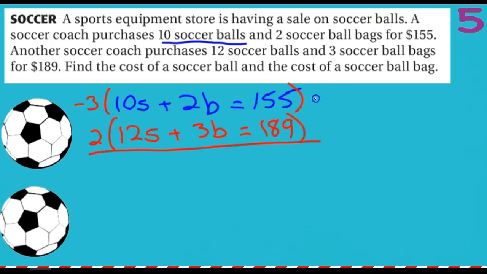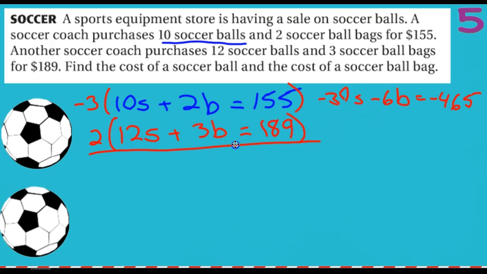So negative 3 times 10 gives a negative 30S. Negative 3 times 2 is negative 6B. And 155 times a negative 3 gives me a negative 465.